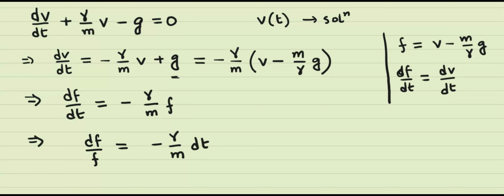In an ordinary differential equation we can do that, and of course we'll have to integrate, and when we integrate on the right side, negative gamma divided by m being a constant stays out of the integration sign. It can also come in, but it doesn't influence the integration process.